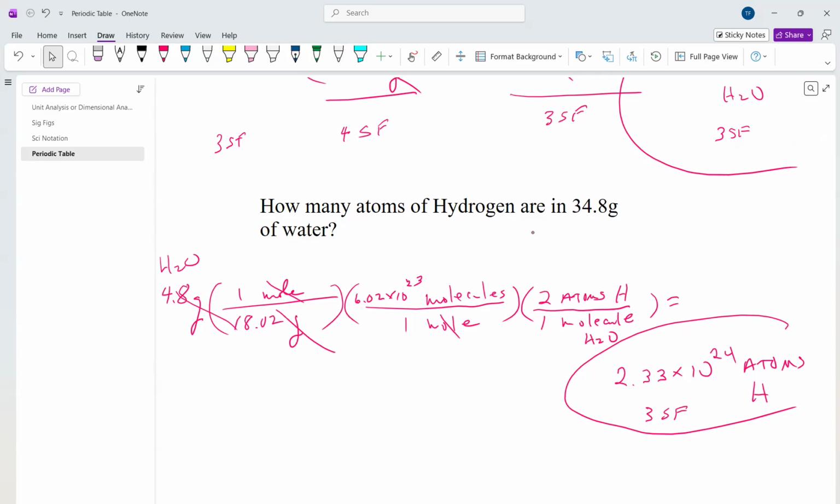Sometimes there's a dedicated key, the easiest to use. And the brand new ones don't have an EE key. They have a 10 to the X key instead.